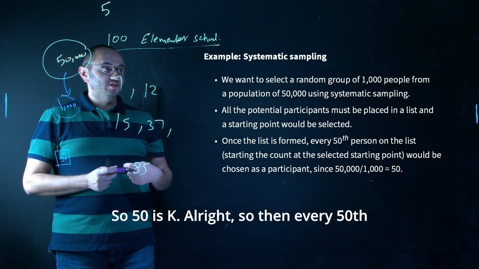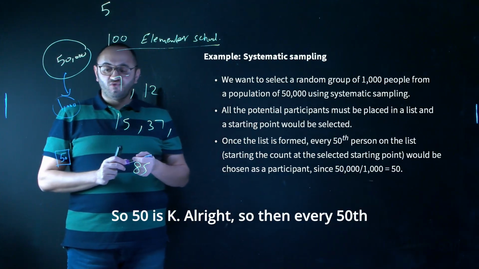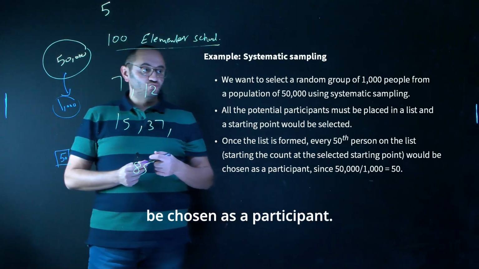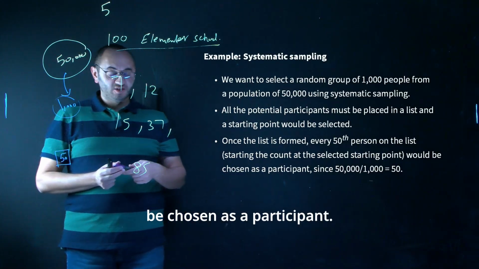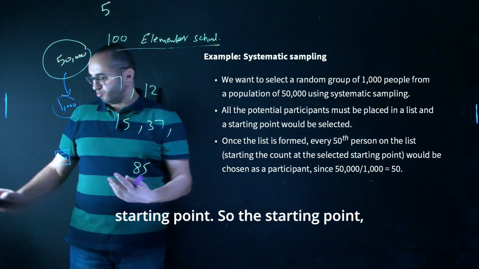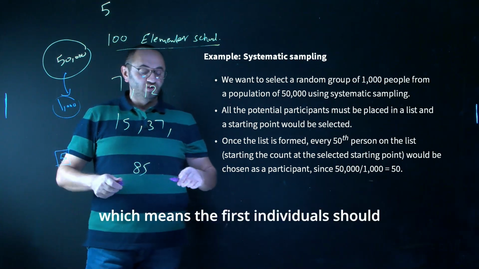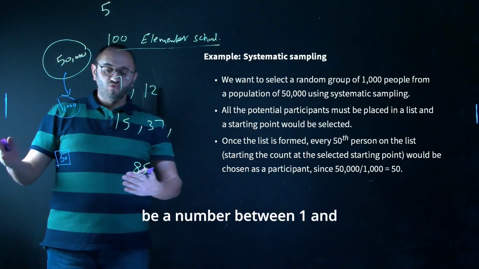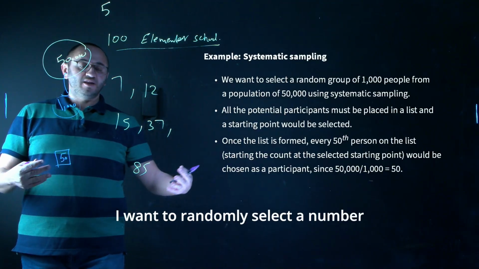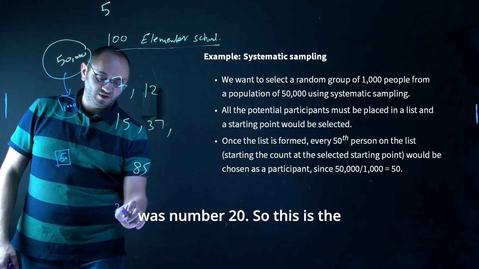So 50 is K. Then every 50th person on the list would be chosen as a participant. But we have to choose the starting point. The starting point, which means the first individual, should be a number between 1 and 50. Let's say I randomly select a number between 1 and 50, and it was number 20.